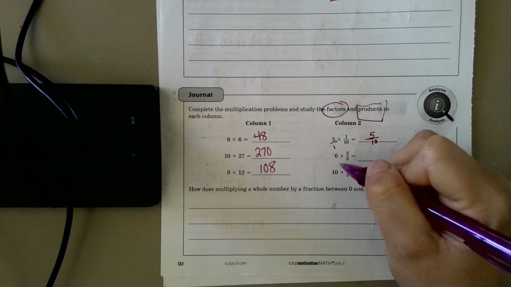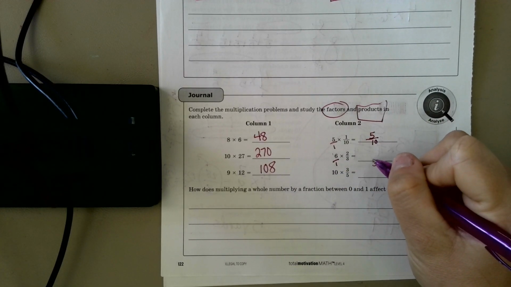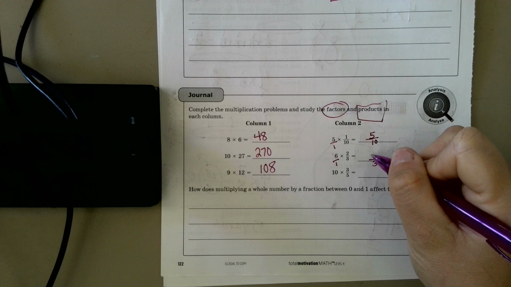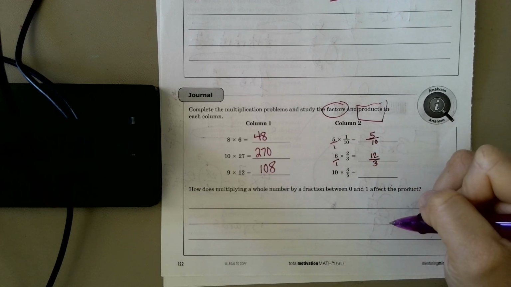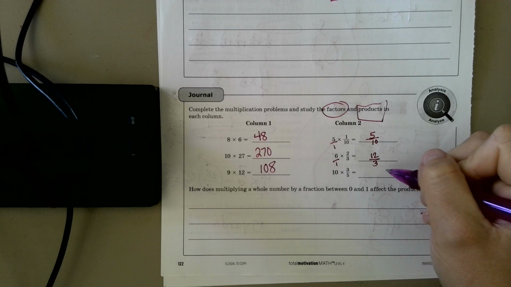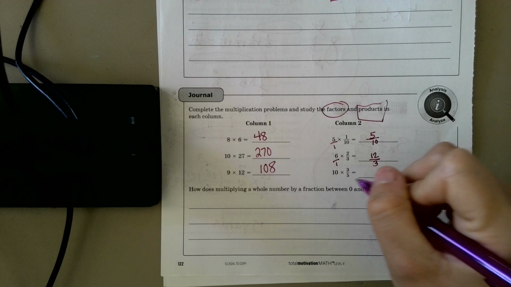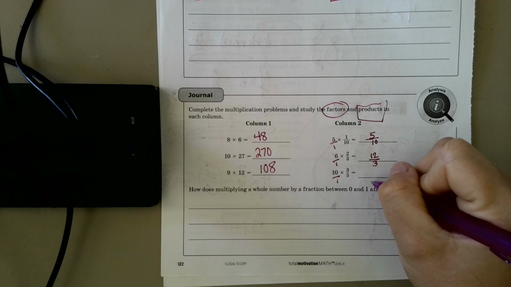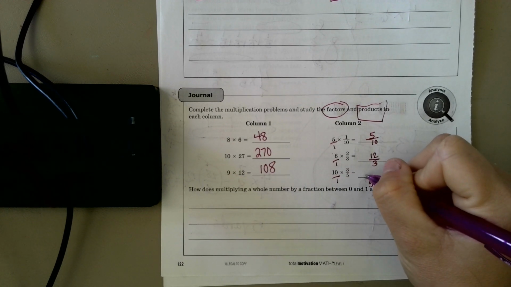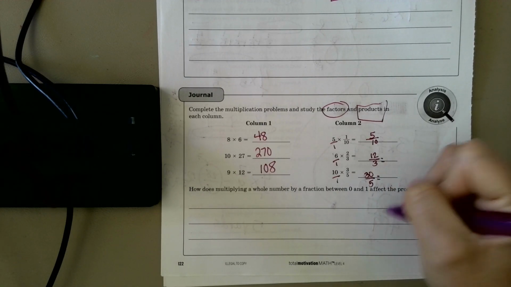Let's look at this next one. I see that I can actually do that mentally in my head. 12 divided by 3 is actually going to give me a whole number there. And I can actually change this to a whole number as well.